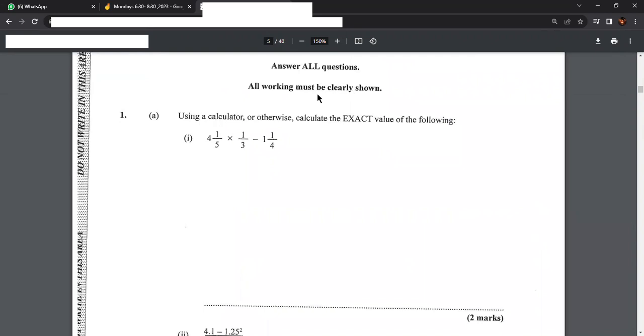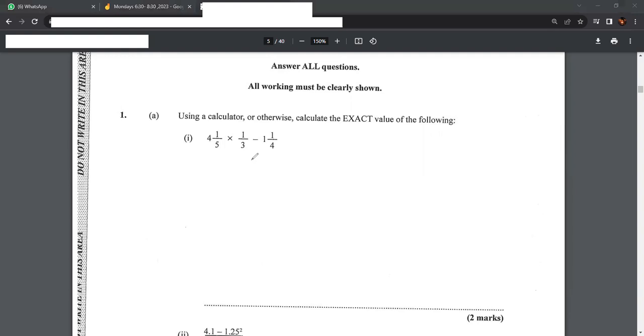All working must be clearly shown. For this, I recommend you could use a calculator at the points that I told you guys if you're having trouble. But these, they range between 1 mark to even 3 to 4 marks.